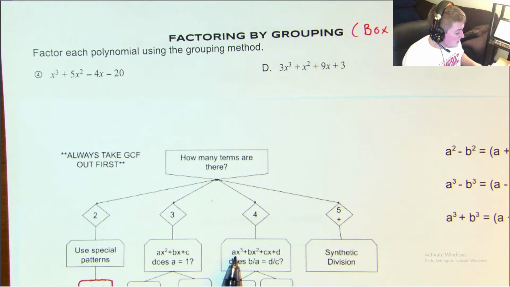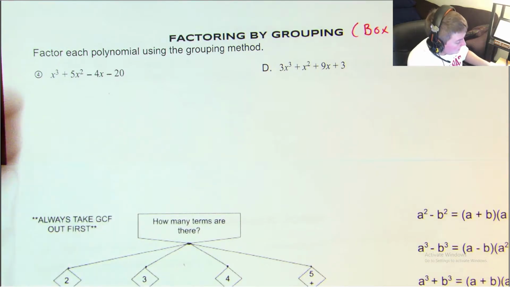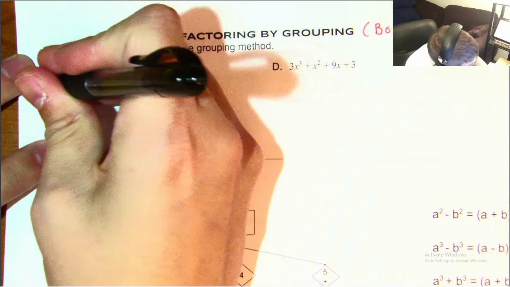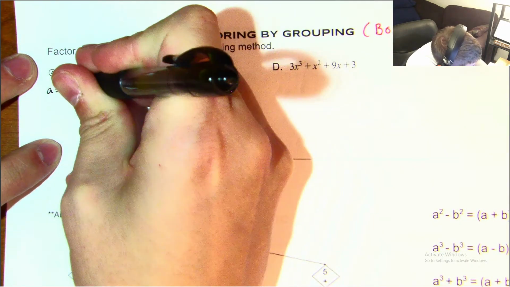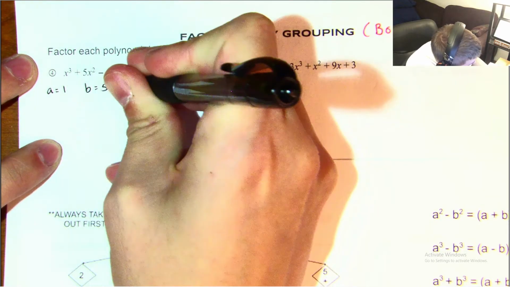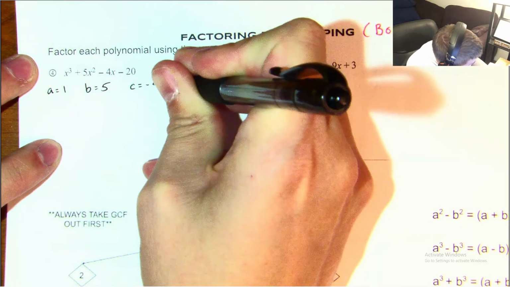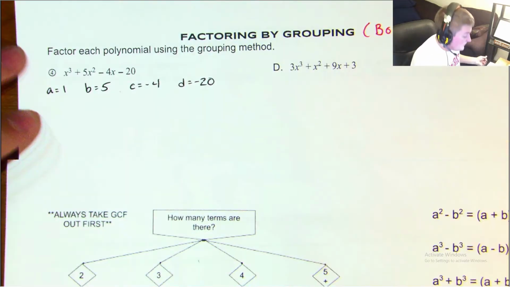Okay, ax cubed plus bx plus c plus d. You have to answer the question, does b divided by a equal d divided by c? So here, my a value would be 1, my b value would be 5, my c value would be negative 4, and my d value would be equal to negative 20 in this situation.